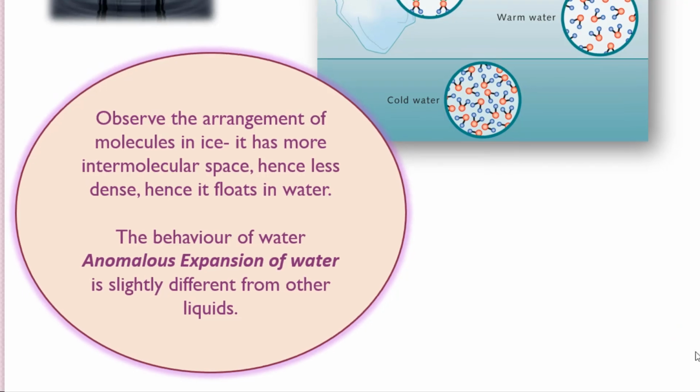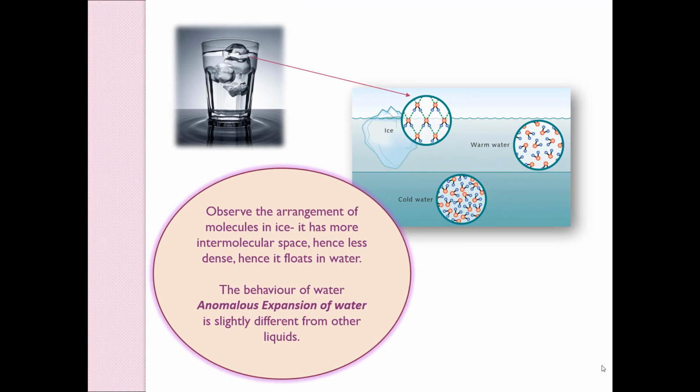Now, let's come to this example. When I was explaining the expansion and contraction of substances when heated, I had said that there is an exception to this, that is water. The general condition is when you heat a substance, it expands and becomes lighter. On the contrary, when you cool a substance, it becomes denser and heavier.